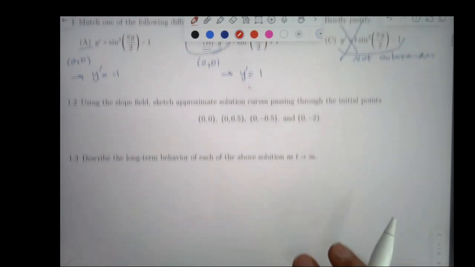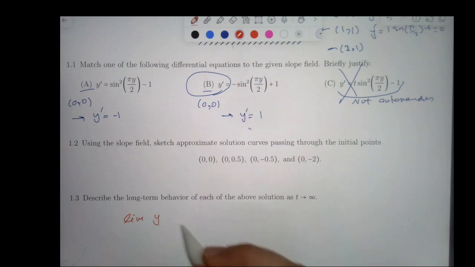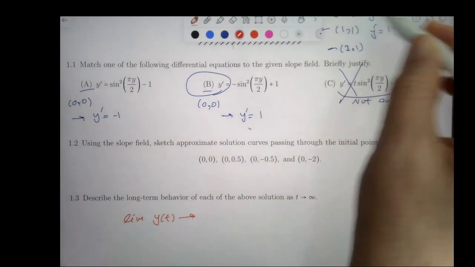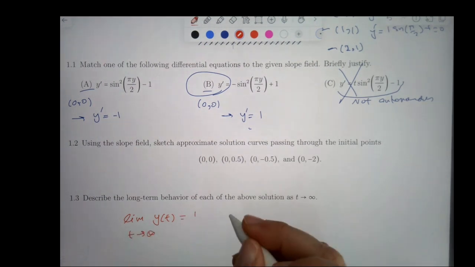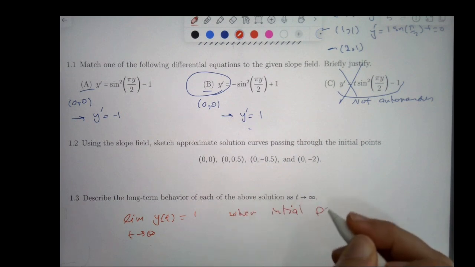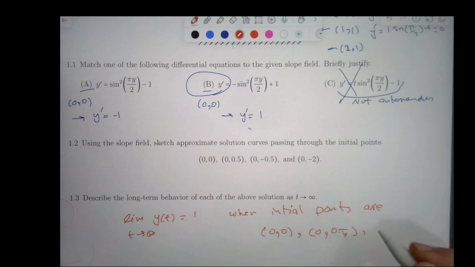Knowing all this information, I go back here and I say the limit of the solution y of t, however you want to name it, is going to be 1 as t goes to infinity when the initial points are 0, 0; 0.5, 0; and -0.5.